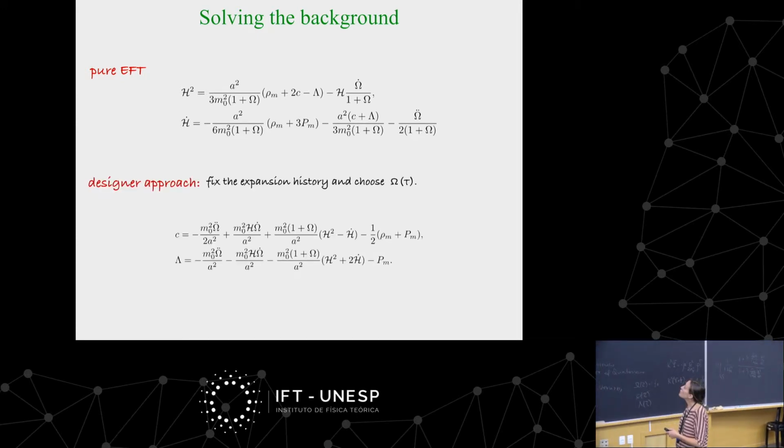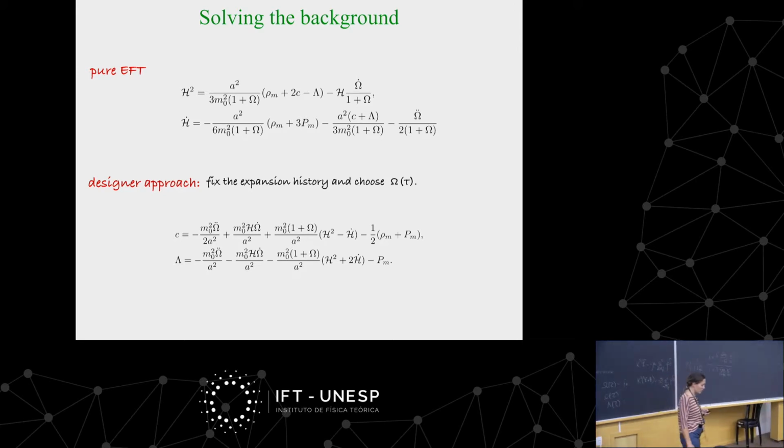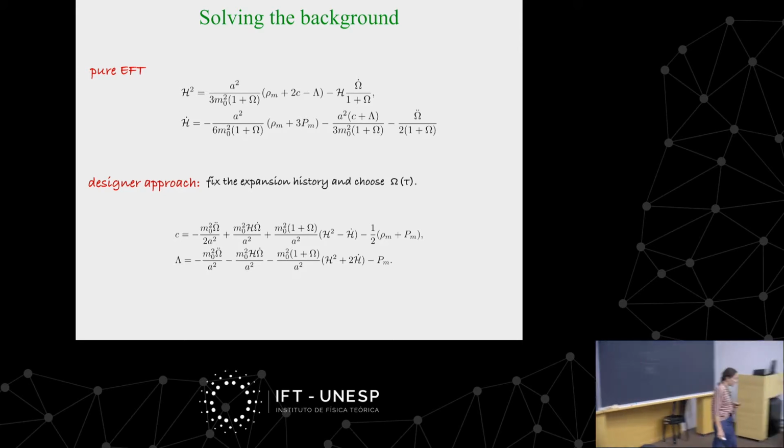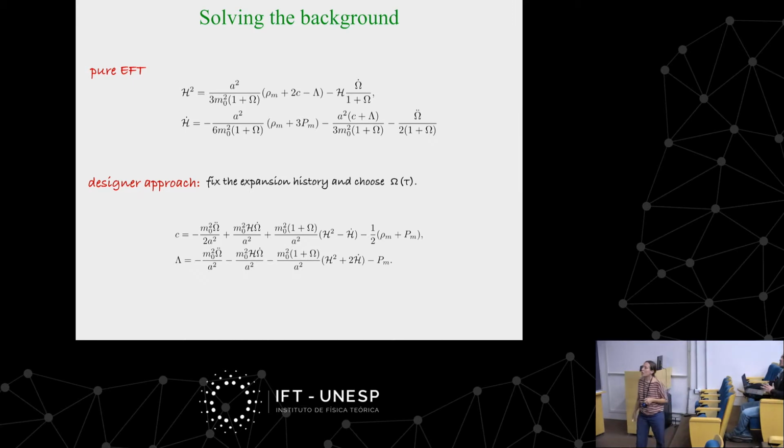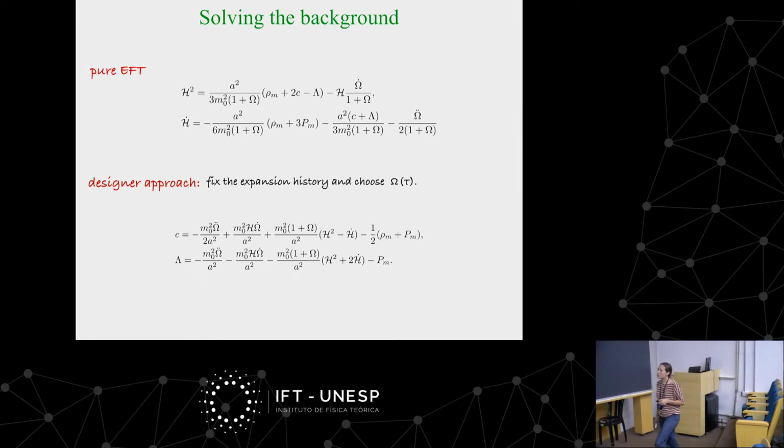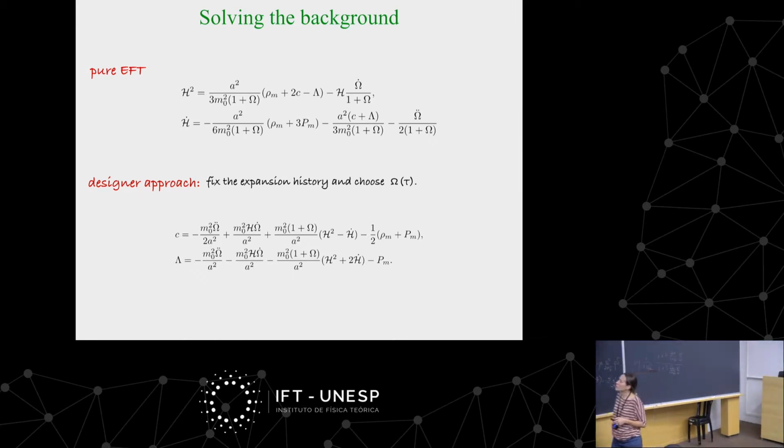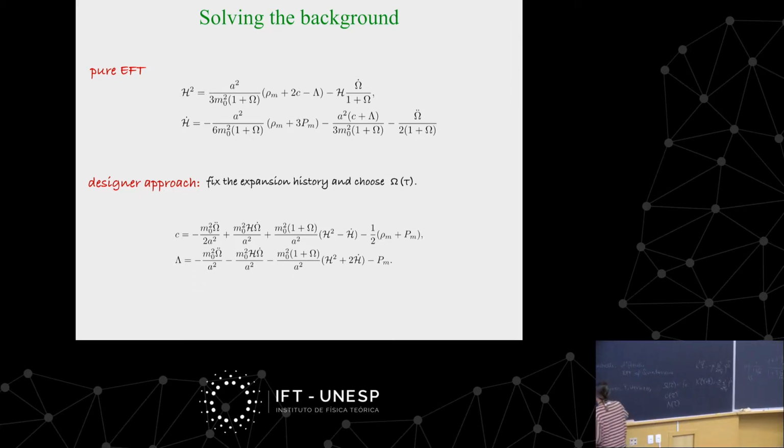But there is another way, which goes back to the designer approach of f of R, which is: I fix H, and I reconstruct my theory. It's a bit more complicated than f of R because you have a free coupling, and so specifying H is not enough. You have to specify also, for instance, omega, or any other. It's convenient to specify omega because then you get an algebraic equation for C and lambda.